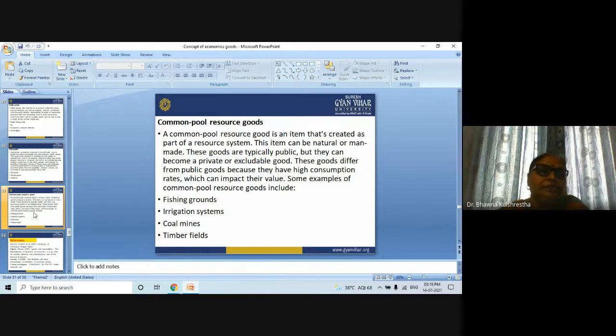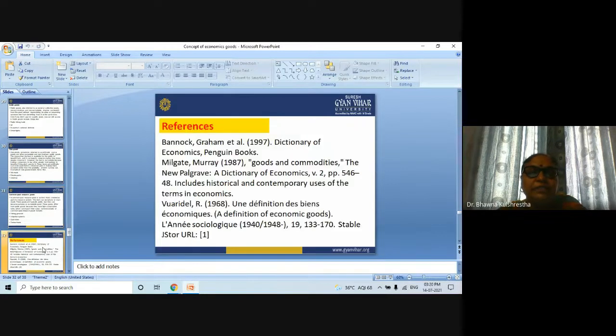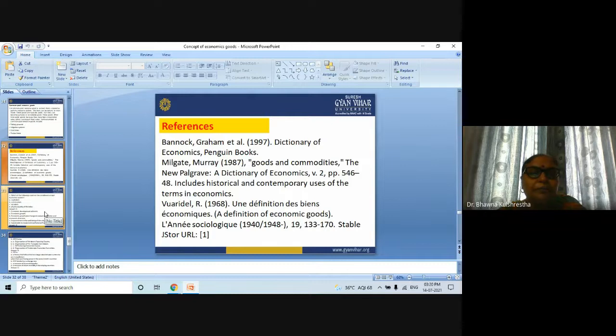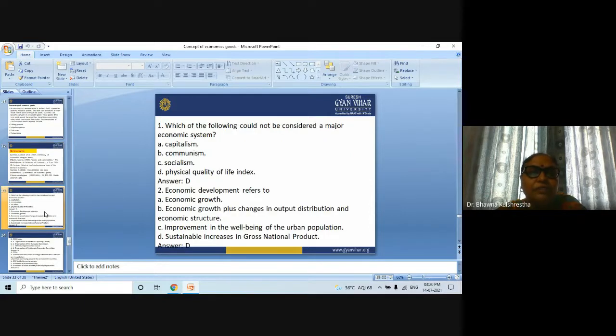These are the types of goods, and at the end of this topic, these are the references for this topic, and these references will help you with any other terms of goods.